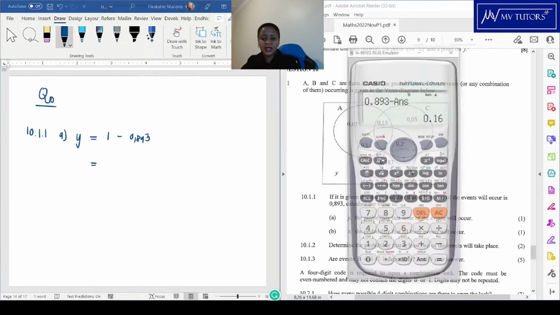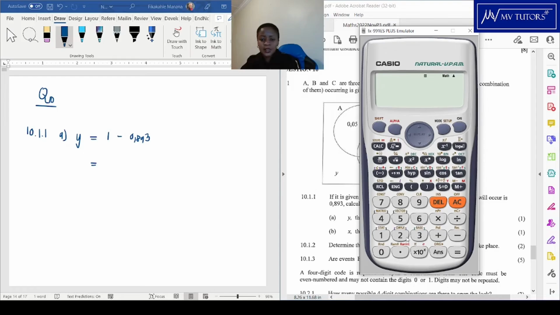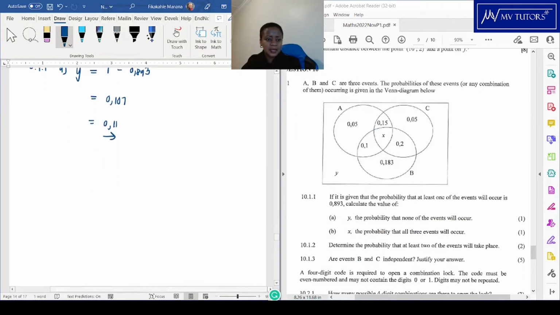And we're just going to check that out on the calculator. Okay, so 1 minus 0,893. And that is 0,107. Or you can round it up to 2 decimal places if they prefer it like that. It's 1 mark. I don't think they'll be that strict.